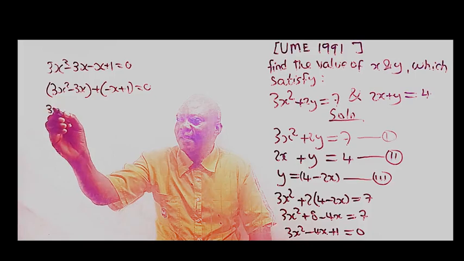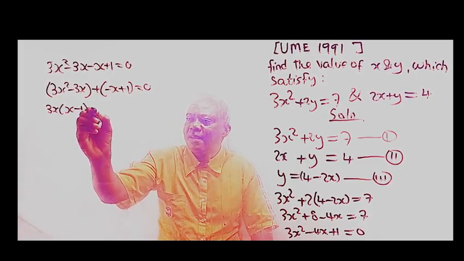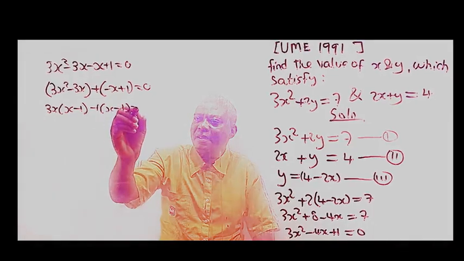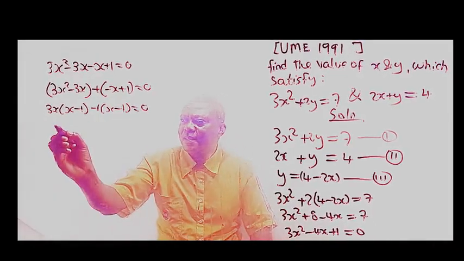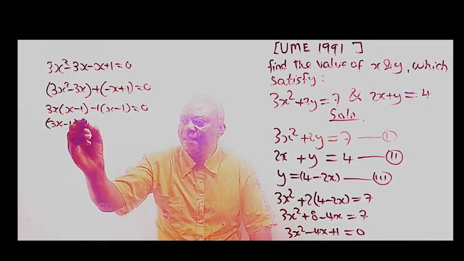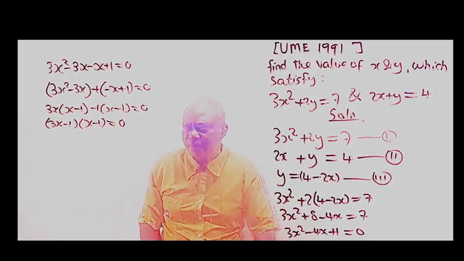So this one you have 3x into x minus 1 and minus 1 into x minus 1 equals to 0. So from here, 3x minus 1 into x minus 1 equals to 0.